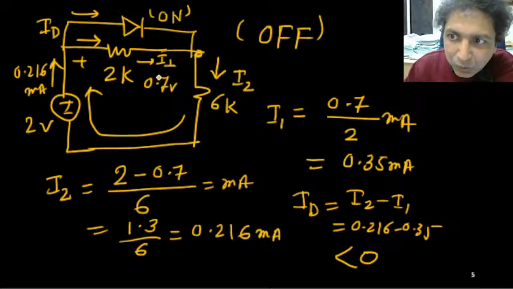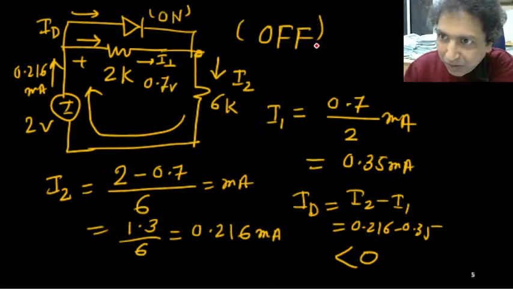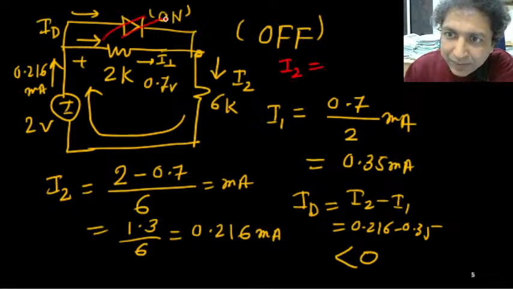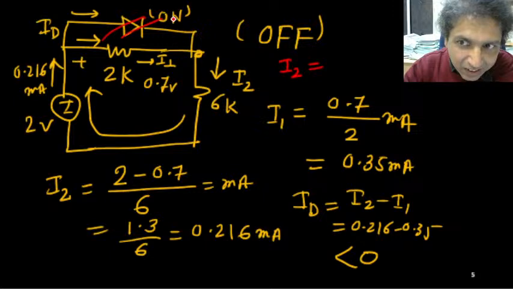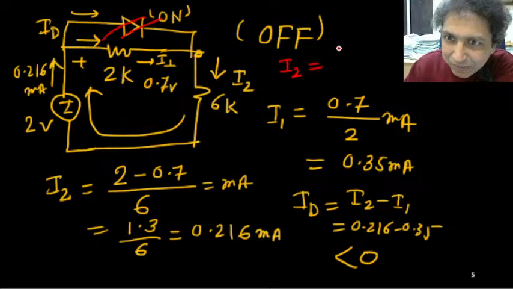So what is the current I2? We should recalculate the current. If the diode is off, it is an open circuit, so this 2K and 6K are now connected in series. Can you tell me the current then?